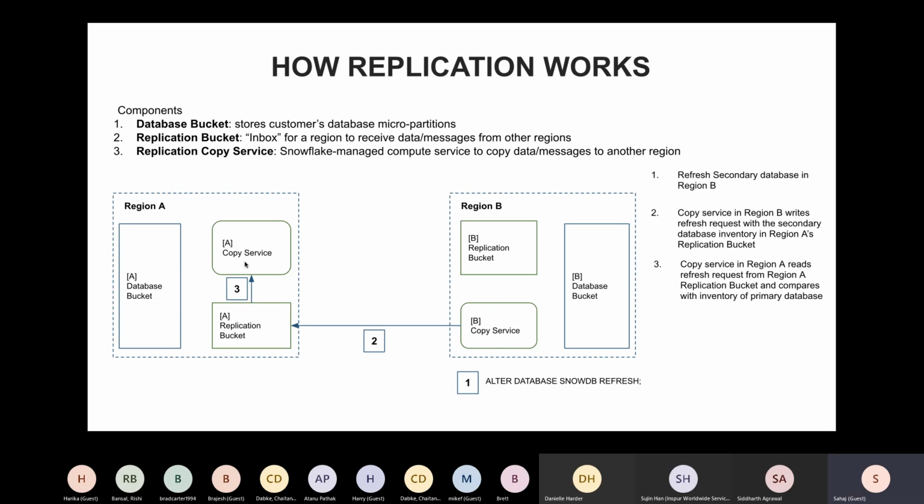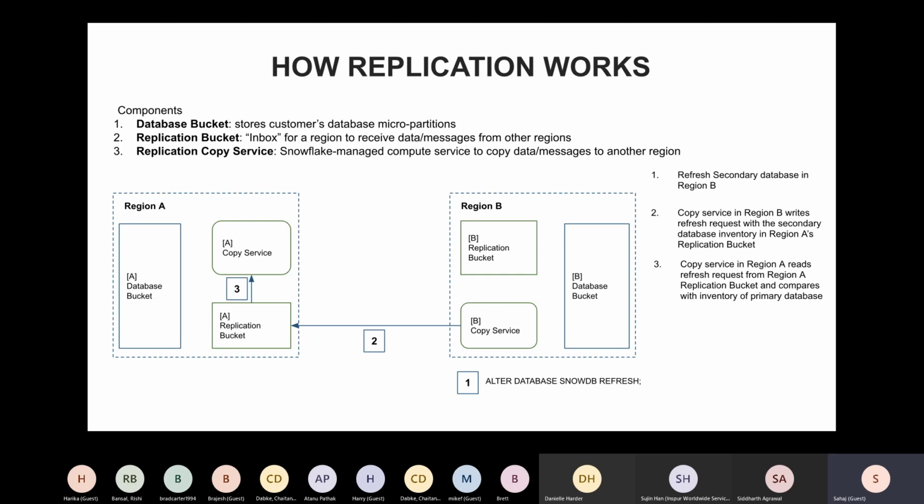The copy service in this region will read this message and the inventory of the database in region B. It'll do a diff. It'll say, okay, region B so far has this set of files, this set of metadata, and on the primary, this is what I have so far.